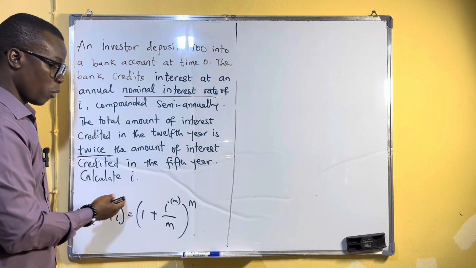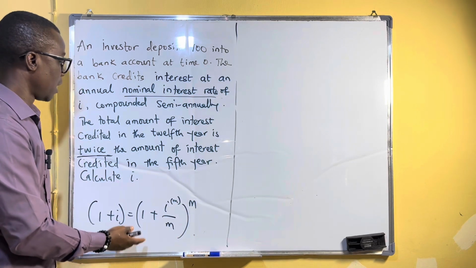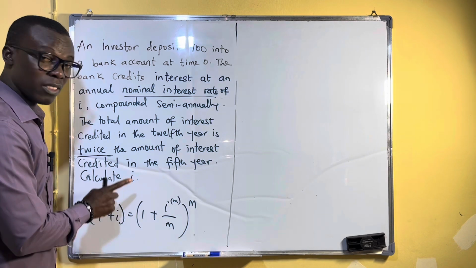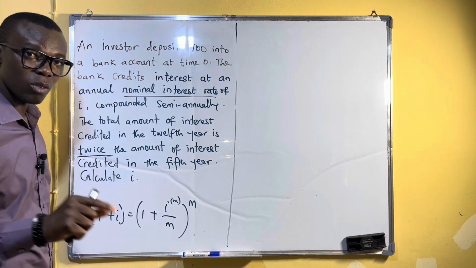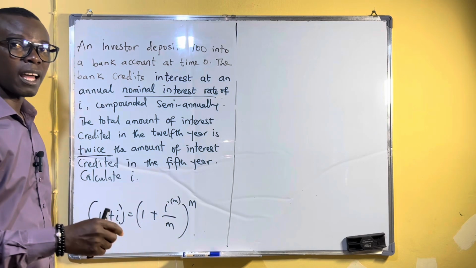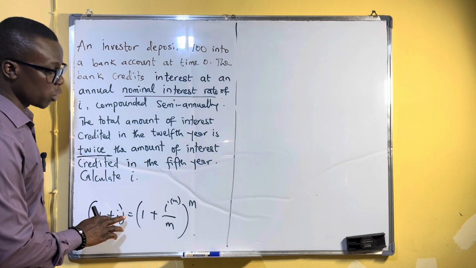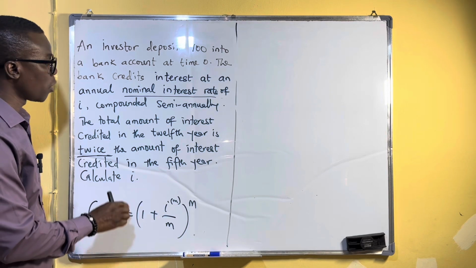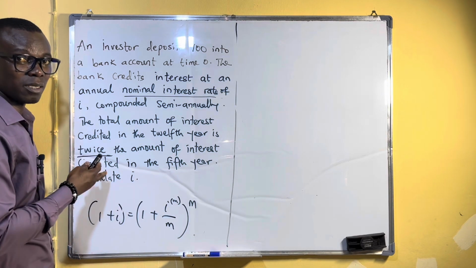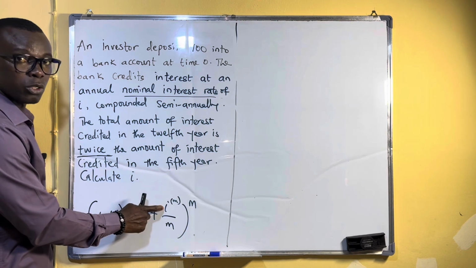Maybe when you are very conversant with this formula, you won't miss that. In this formula, I is the annual effective interest rate, while the other is the annual nominal interest rate. So, not to confuse myself when solving this question, I'm going to change this notation.